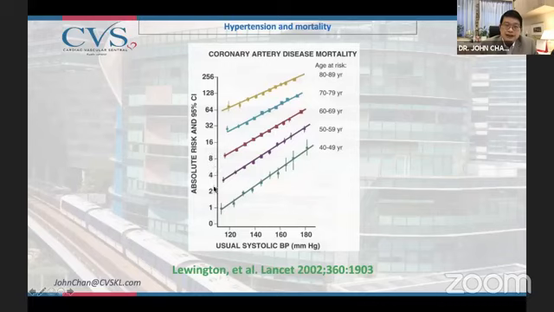On this vertical axis is the absolute risk of mortality from coronary artery disease, broken down to the different age groups. And you can see if we can get the systolic pressure as low as possible, to about the 120 to 130 range, then we will reduce the risk of cardiovascular deaths.